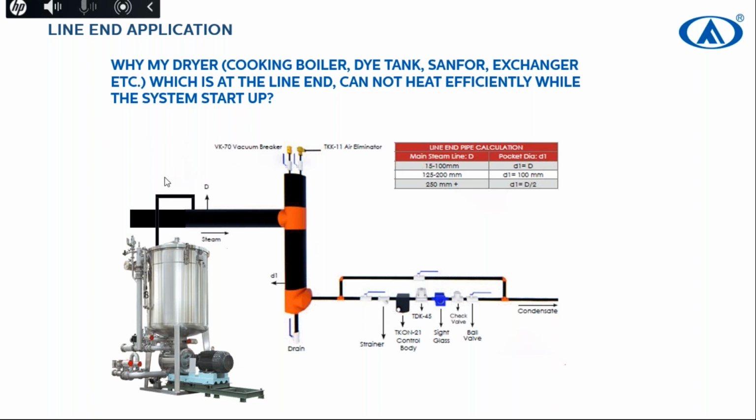Because in these systems all steam comes directly to the end, and all steam turns to condensate, changes phase, and this condensate can fill all these pipes and be pushed with the steam to this machine. And generally, if your system has start and stop, for example weekend holidays or traditional holidays, you are closing the system.